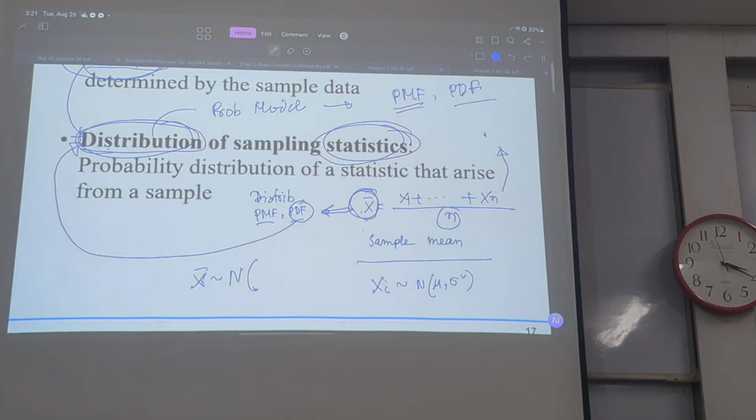This one is a constant, you can ignore it for now. Then, what is the expected value of this summation? We said expectation of summation is equal to summation of the individual expectations. We discussed this many times. Then the expected value of this one is n mu divided by n.